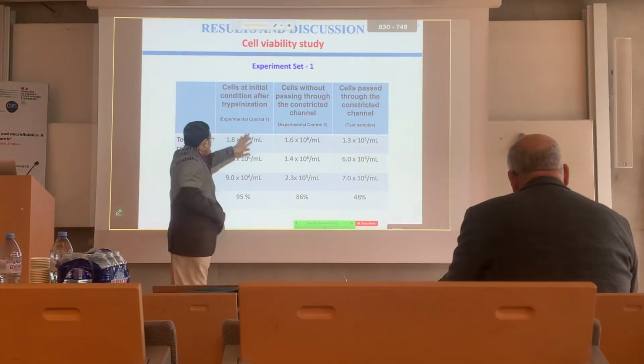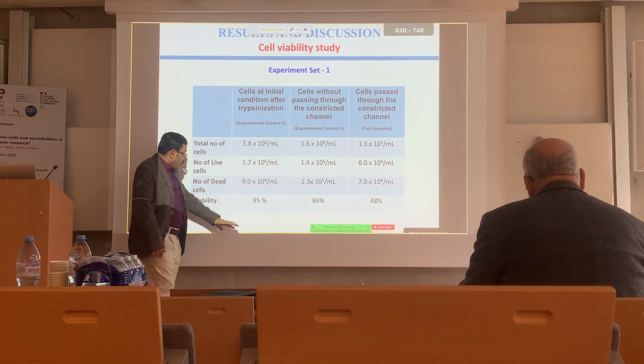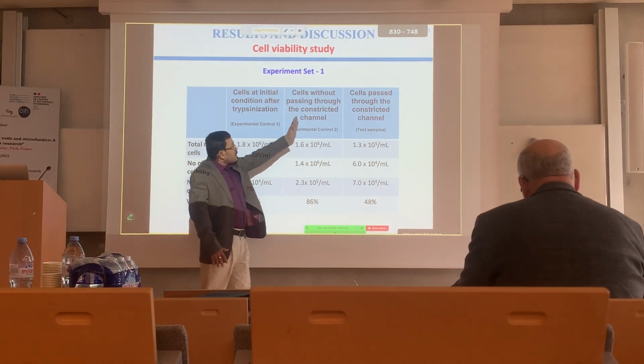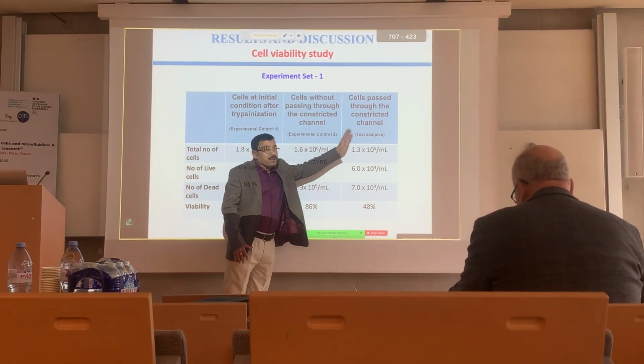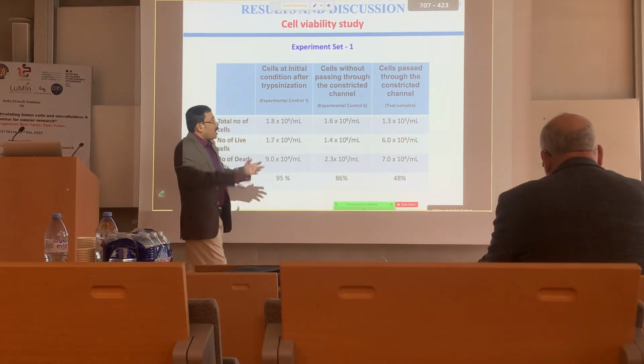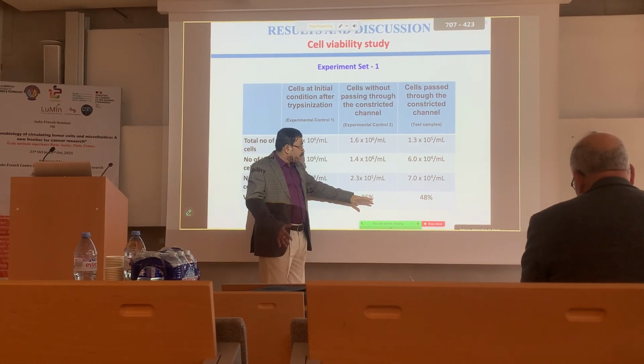At initial condition, viability is almost 95%, and we keep this sample for the same duration as the experiment, let us say 1 hour. It is 86%, so those cells naturally died.